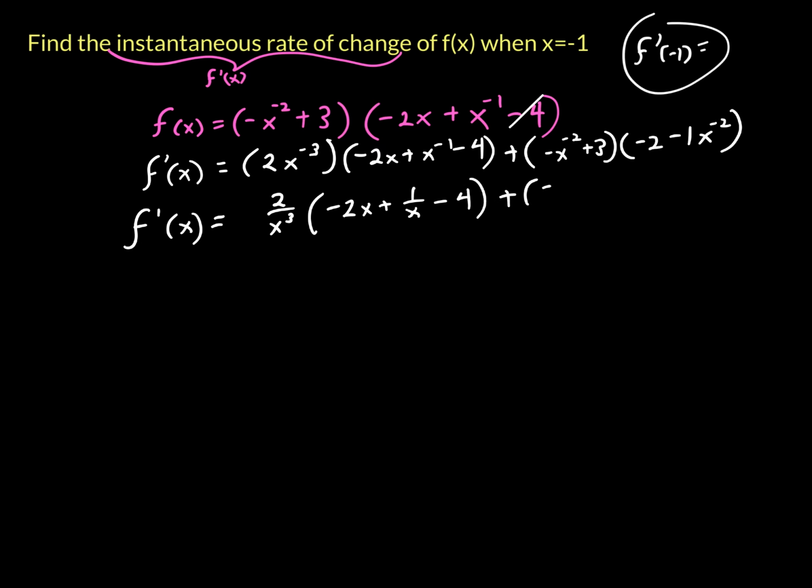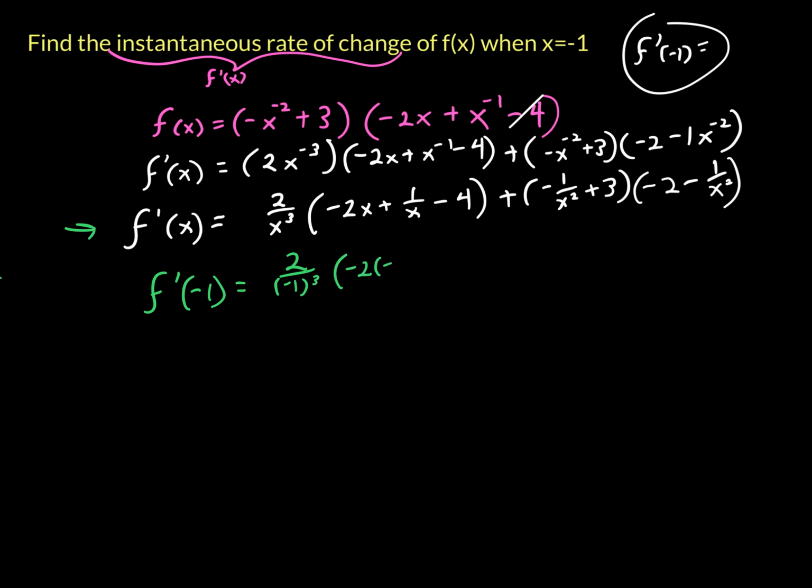This one is negative 1 over x squared plus 3, negative 2, negative 1 over x squared. Now it will be easier to see what this is evaluated at negative 1. I think I said evaluated at 1 earlier, but I meant negative 1. Regardless, it's easier to get it into fractions first. So wherever you see your x is where you plug in a negative 1. So just give me a moment.